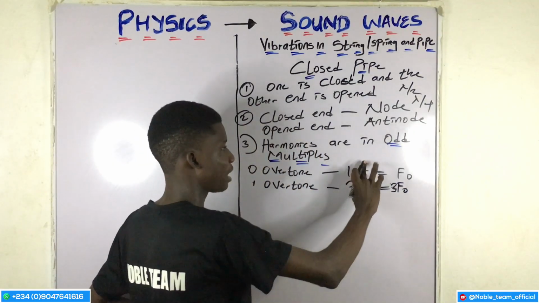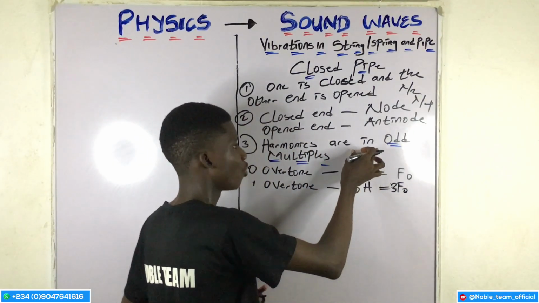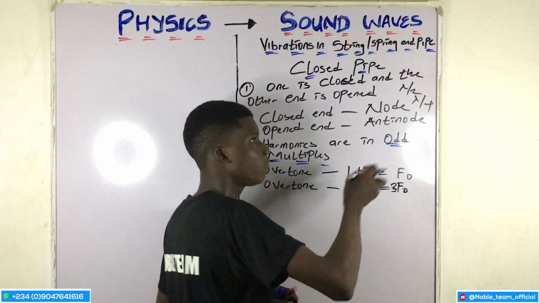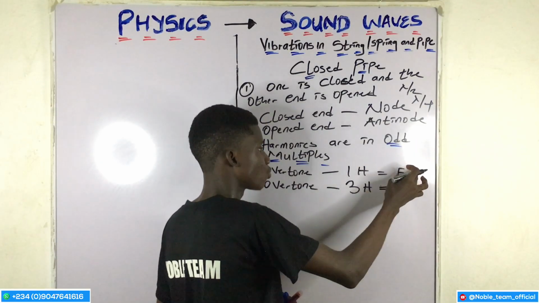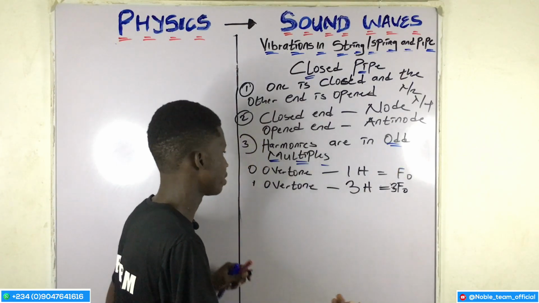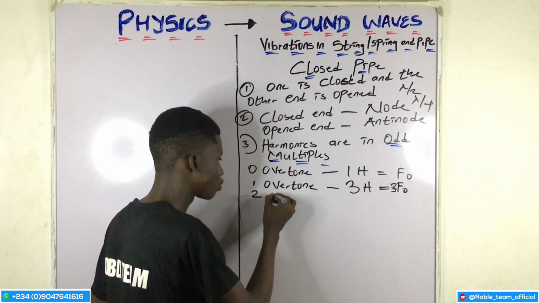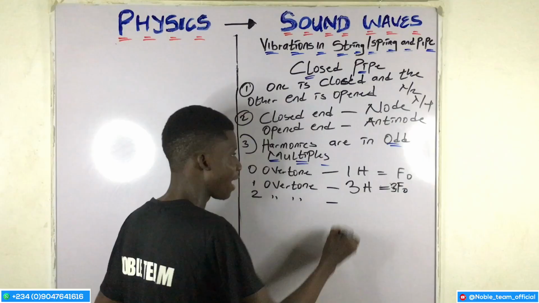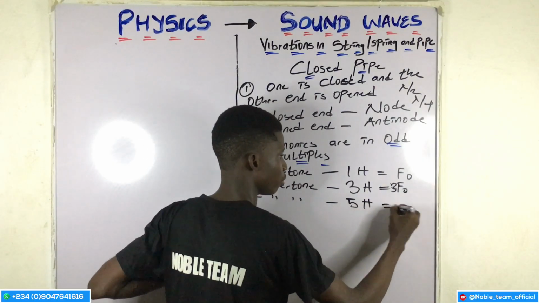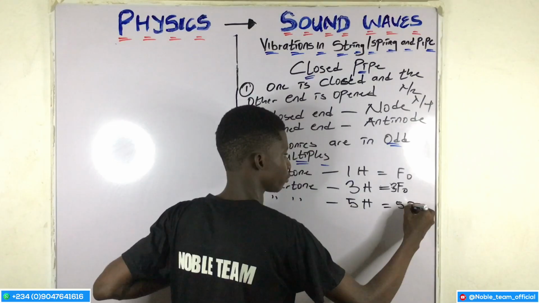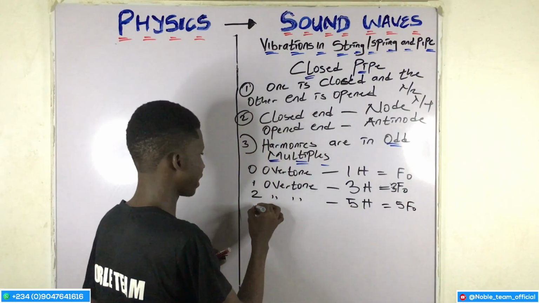Okay, because I explained harmonics, that when you have 1 harmonic it is equivalent to the fundamental frequency. I have 2 is equivalent to the second fundamental frequency. Now I have 2 over 2, which is going to be 5. So I have 3 over 2.